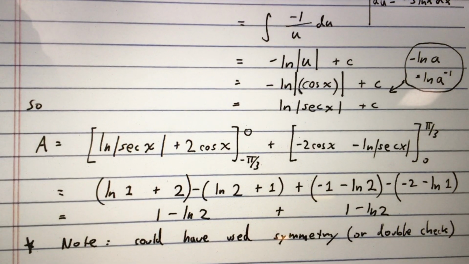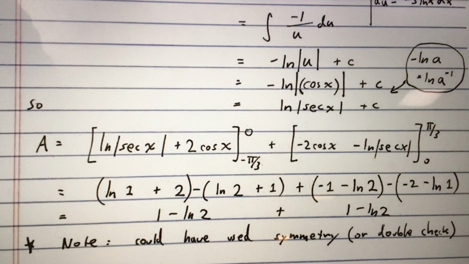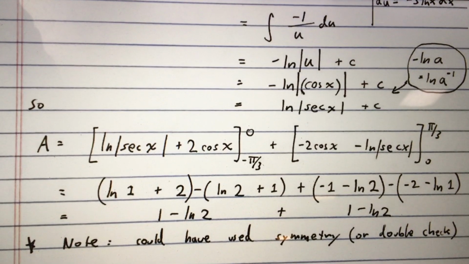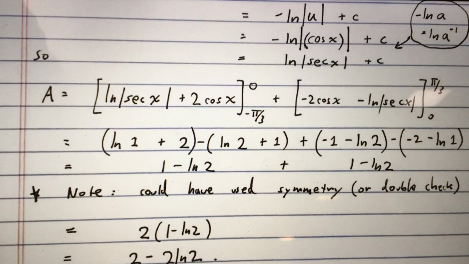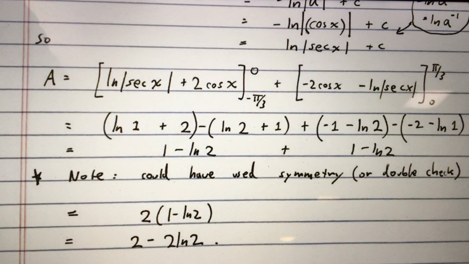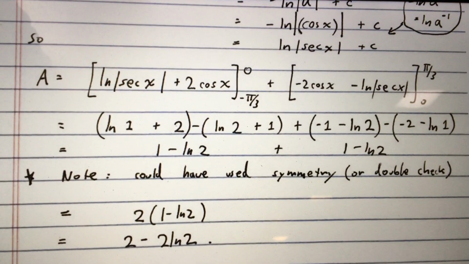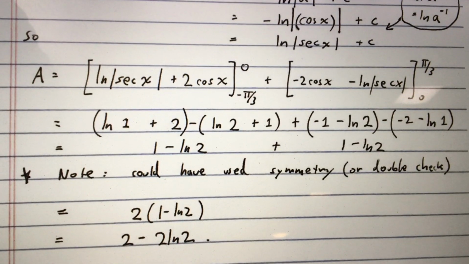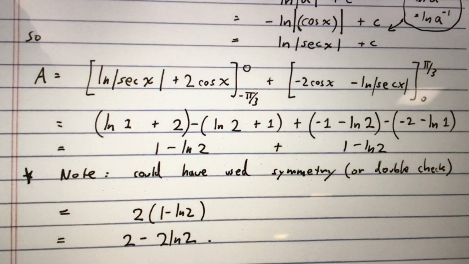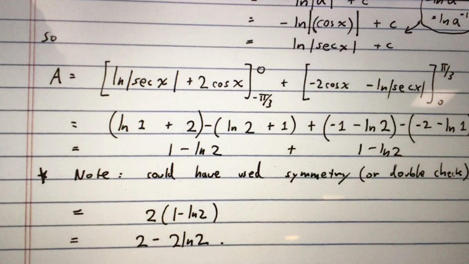So I could have just found one of them and said, the answer is twice that. It's 2 times 1 minus natural log of 2, or 2 minus 2 natural log of 2. And doing it twice, though, doing it the way that I did it all the way through, is a nice double check.